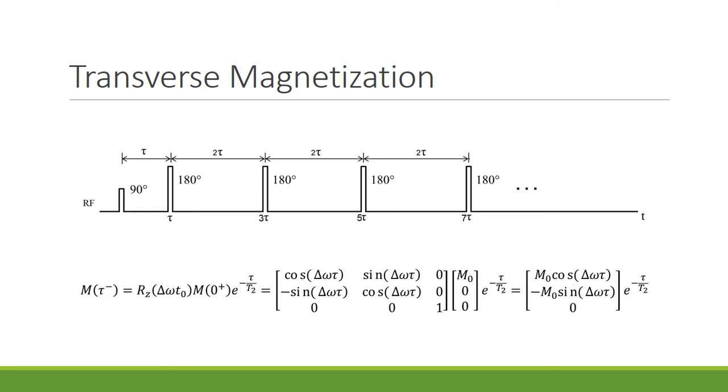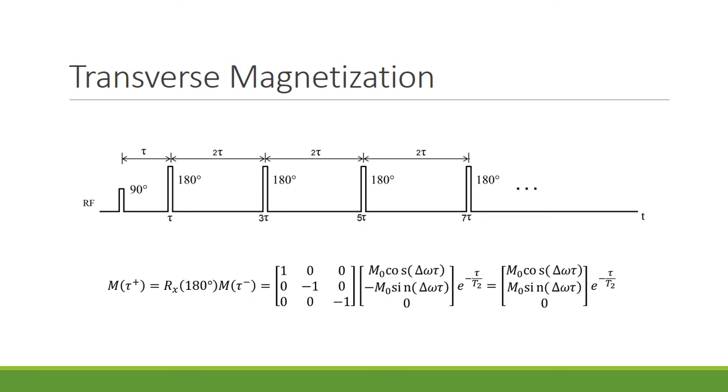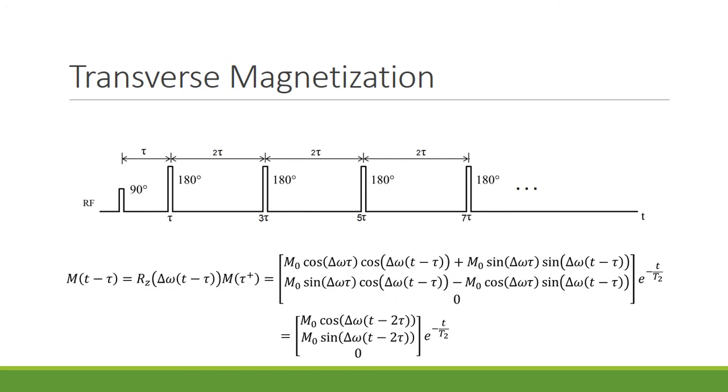This formula is valid for just before the refocusing pulse. Just after the refocusing pulse, the y component of this matrix will be inverted, and for the interval between two refocusing pulses, we have this formula.